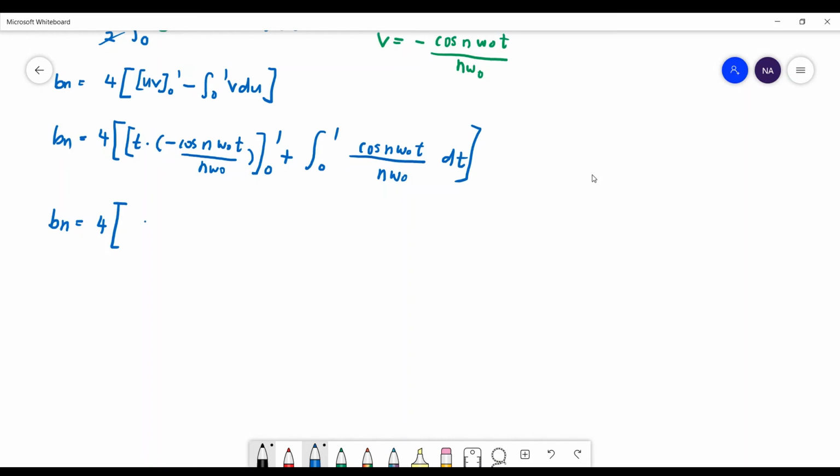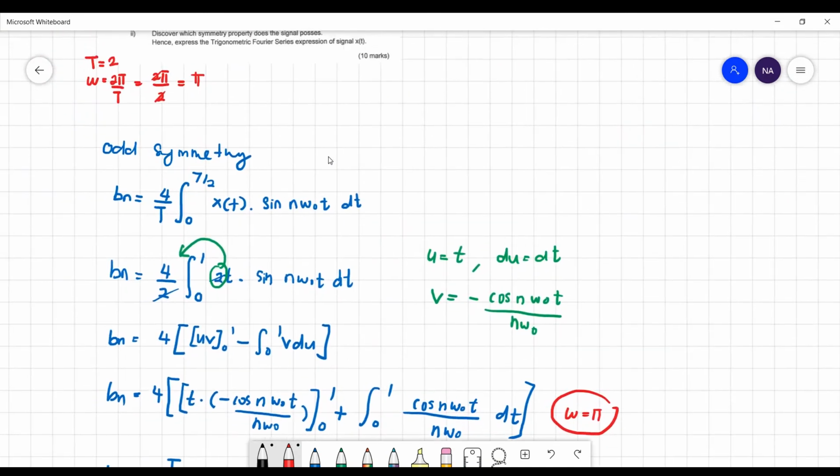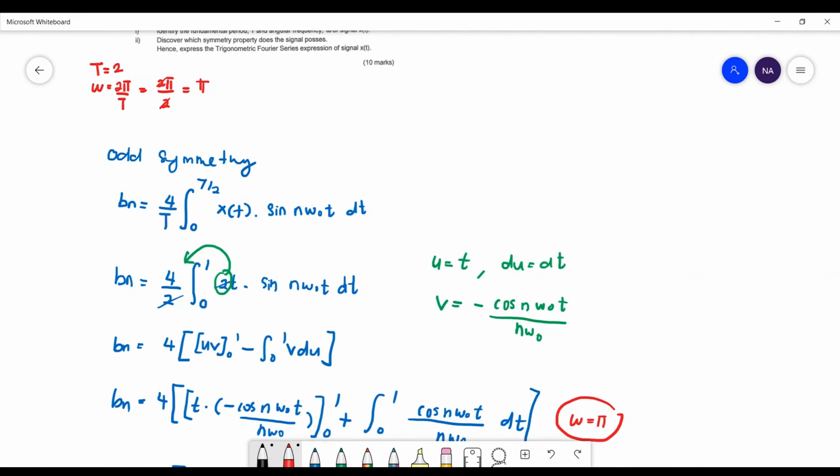So 1 times negative cos. And okay, omega here, you need to replace the omega with pi. Before this, you already calculated pi here, the yellow highlighter here. Omega is equal to pi.